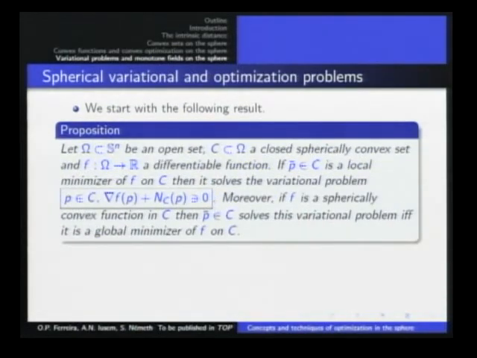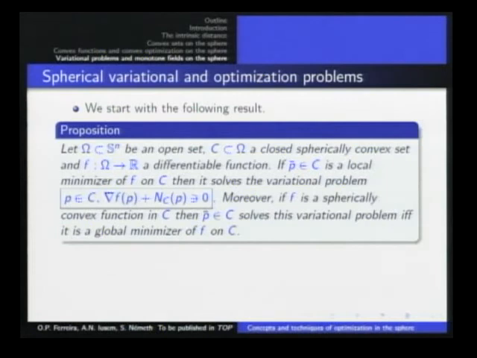Now I have variational problems, and if a point is a local minimizer of f, it solves the variational problem whose field is the gradient of f.